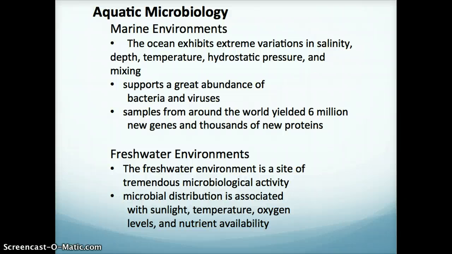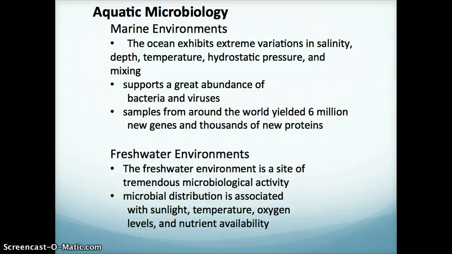Because of this, it supports a huge amount of bacteria and viruses. Samples from around the world have yielded 6 million new genes and thousands of new proteins. If you think about the size of the ocean, it makes sense that we would have this variability, but it's still a really impressive number.